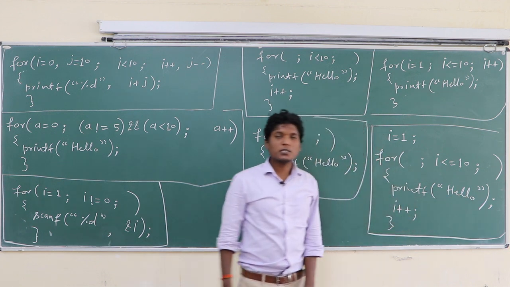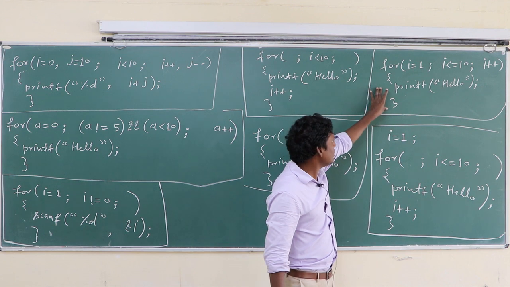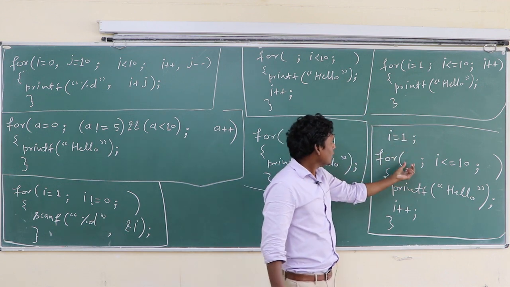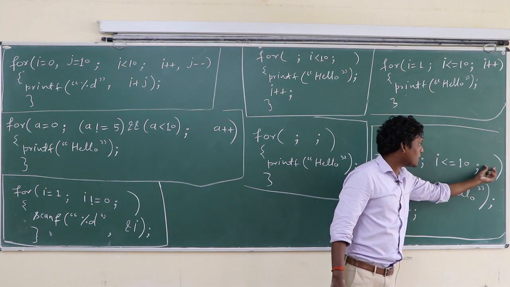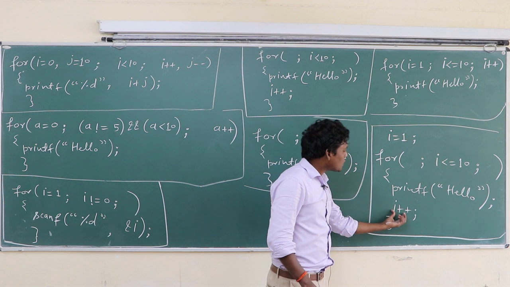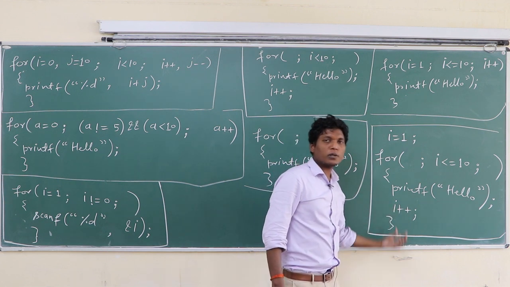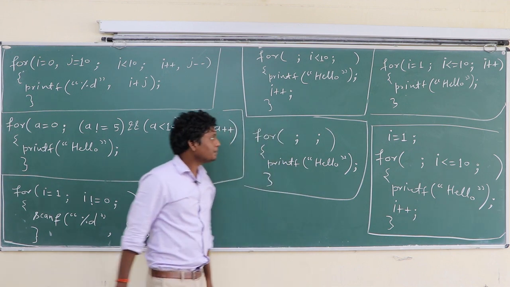Class, this one is the same as the previous one, except that variable initialization is written above the for loop and i plus plus works at the end of the loop.